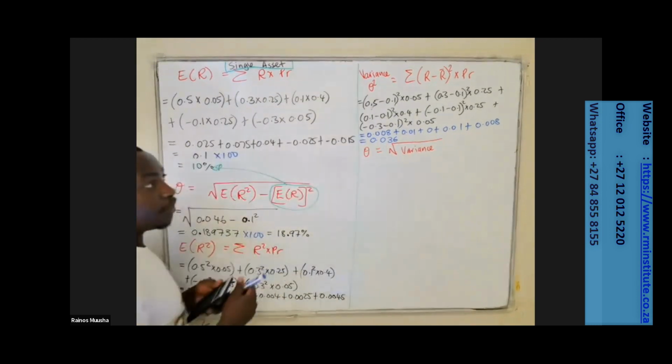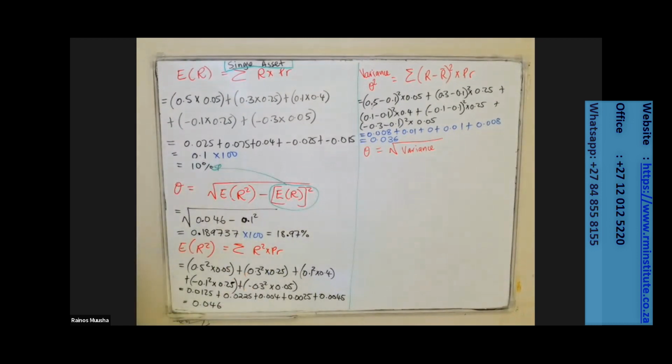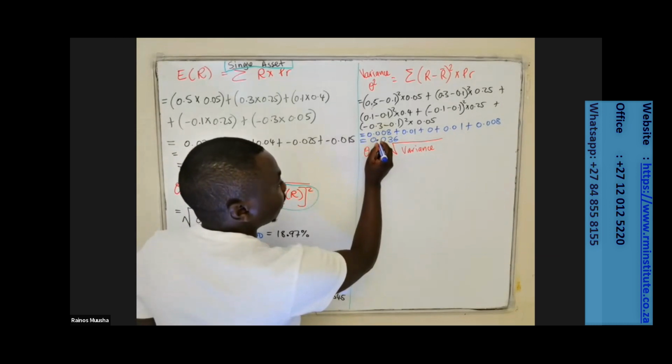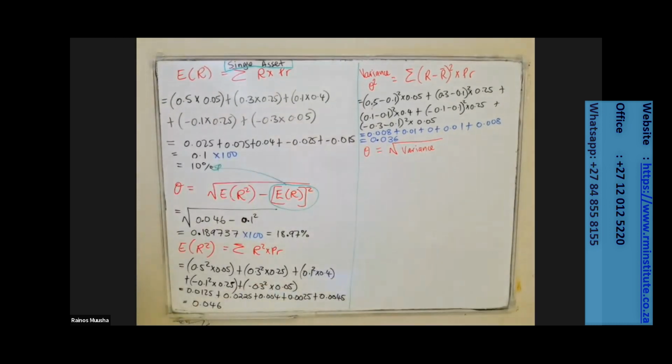So you should be able to arrive at a variance of 0.036. Is anyone lost?